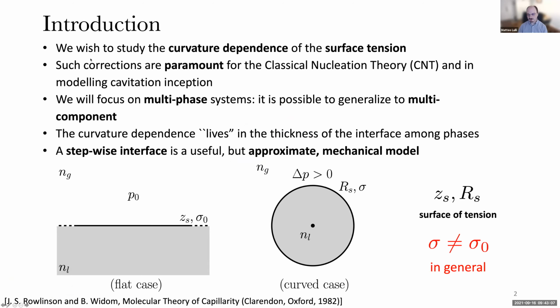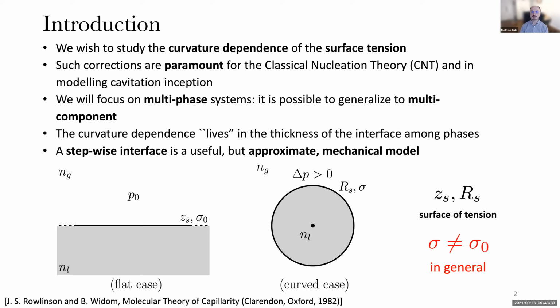The point is that we wish to study the curvature dependence of the surface tension. This is not such a well-known subject on its own. I can briefly say that such corrections are of great importance for classical nucleation theory, and are expected to be extremely important in modeling gravitational inception.